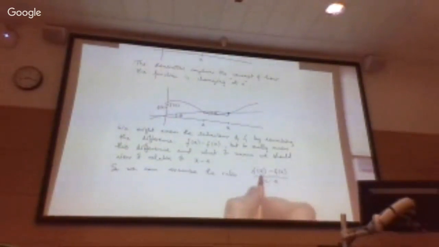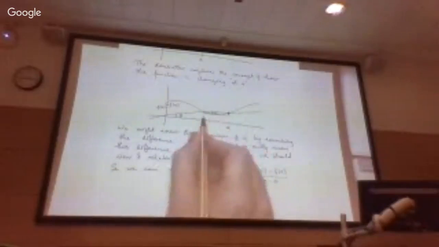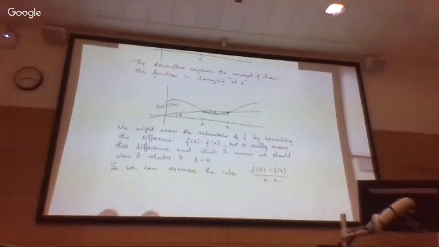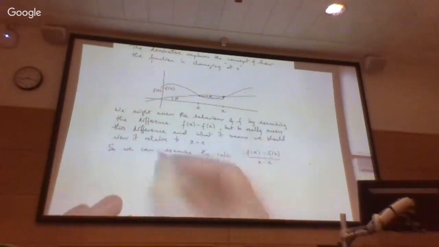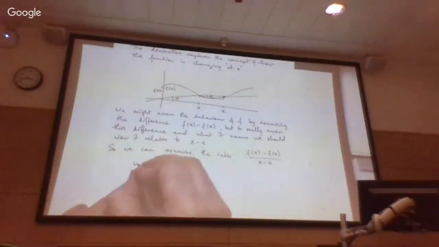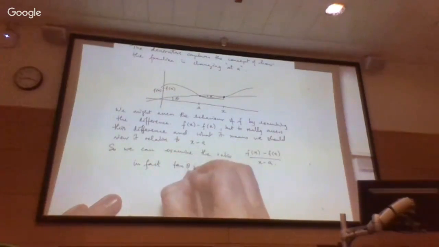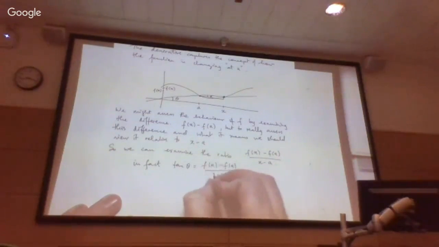So these two angles are the same. And f of x minus f of a is this vertical distance up here, and x minus a is the length of this side down here. You form the ratio of those, and that is a well understood quantity: the tangent of this angle. So in fact, the tangent of this angle is equal to f of x minus f of a over x minus a.